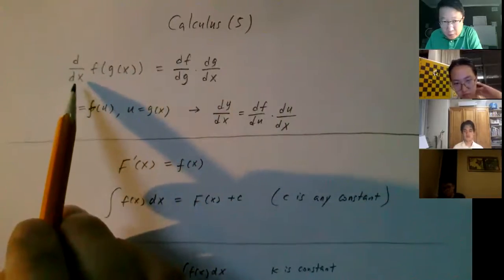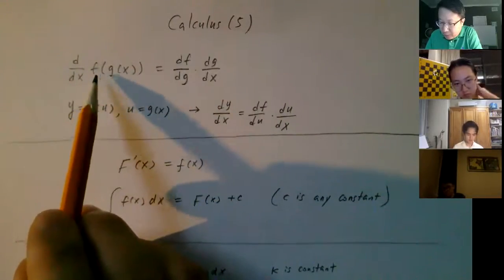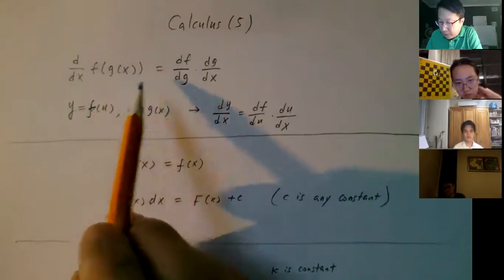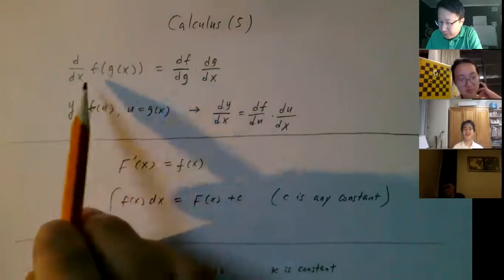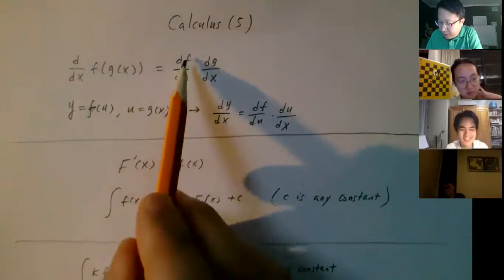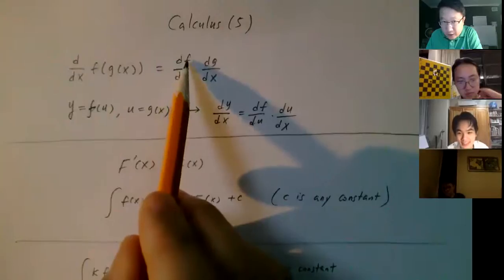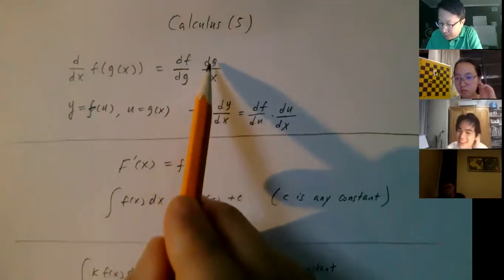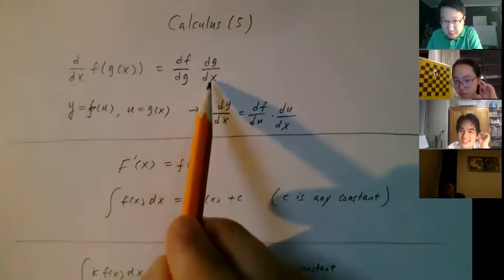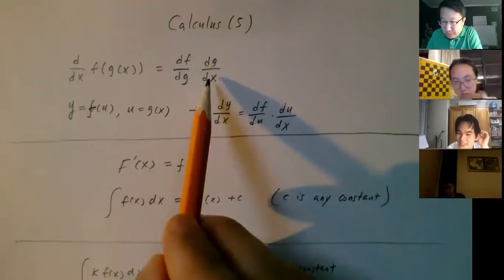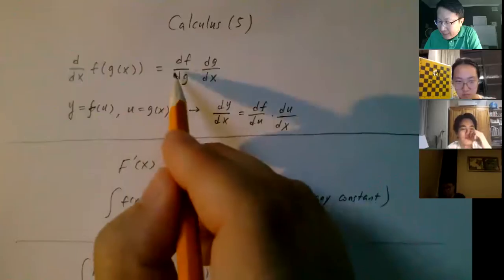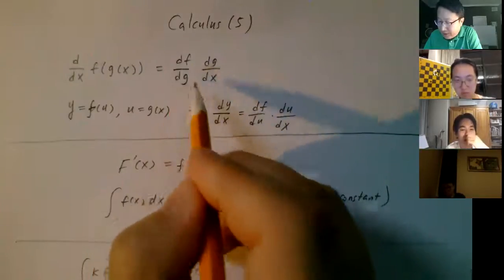Okay, here is something a little more complicated. I try to take the derivative of a function with a built-in function, so this derivative is first df, the function f to g derivative, then times the function g to x derivative. It makes sense because it looks like you cancel the dg, leaving df dx.